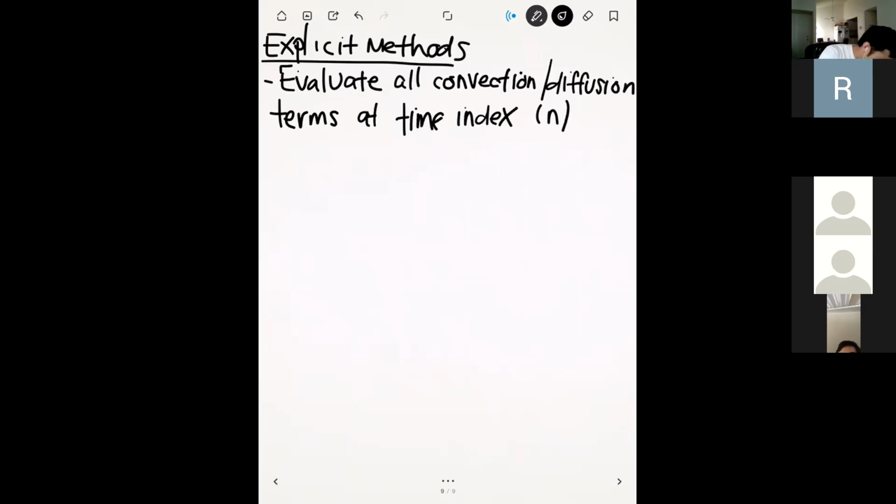So this gives us the n plus 1 terms equal to the terms at n. And once you evaluate everything at n, the same kind of rules apply, where we get a system where no matrix inversion is going to be required. It's only going to require matrix multiplication and addition.